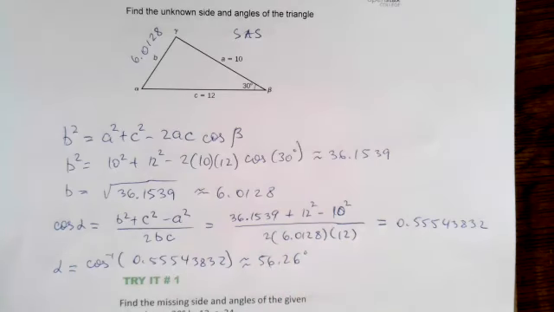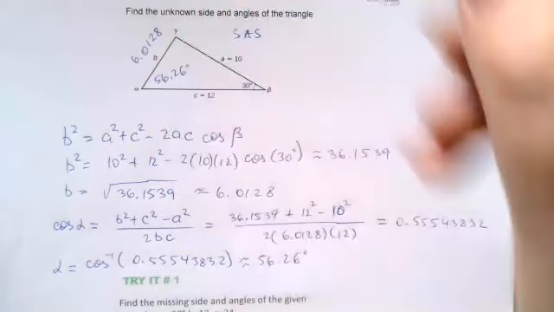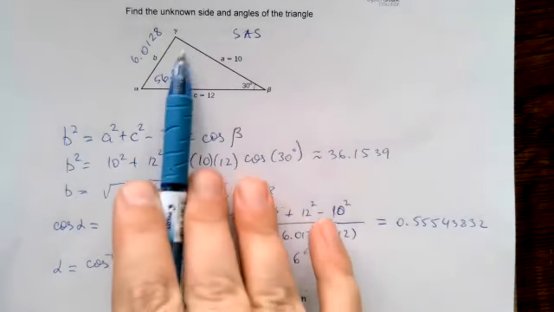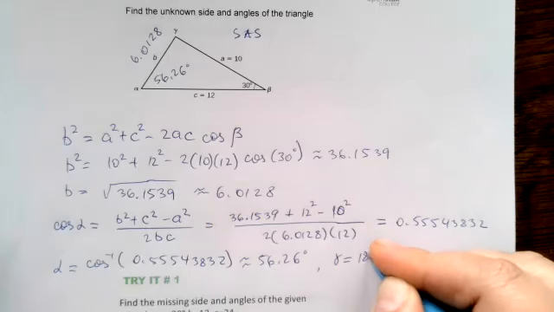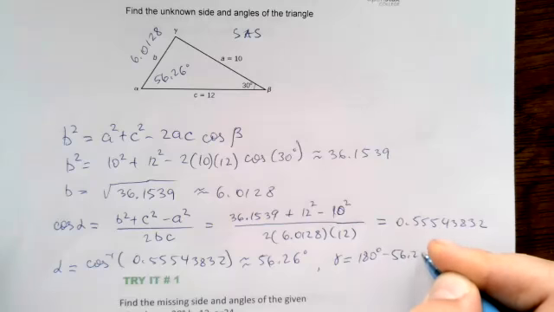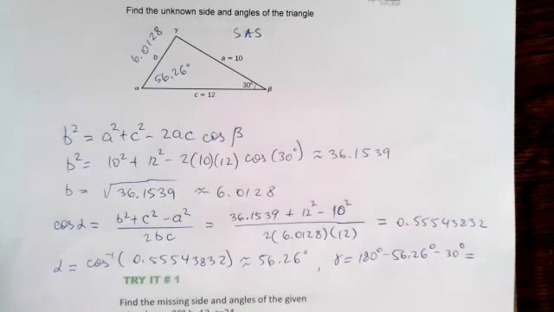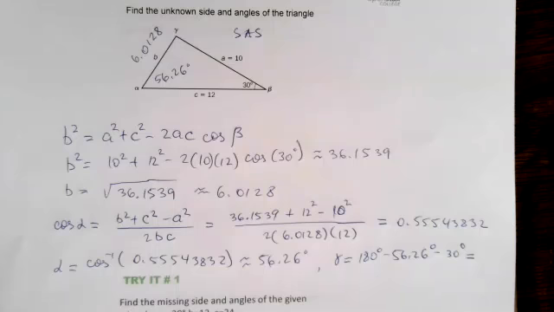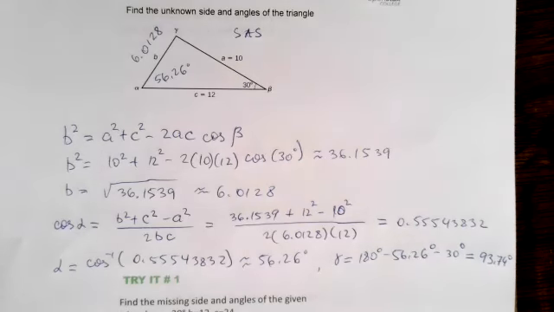Now since I know two of the angles, I can easily find my third angle. Gamma is going to be 180 minus 56.26 minus 30. And that gives me 93.74 degrees.